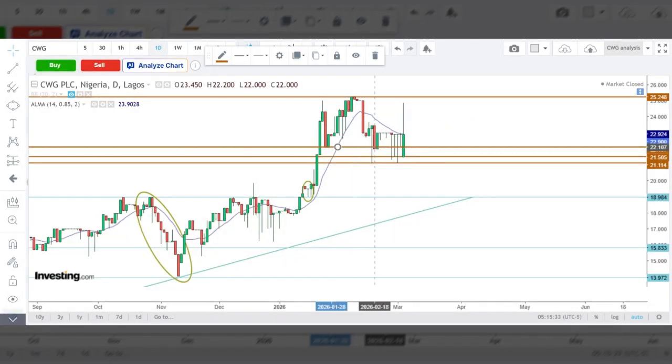Yeah, people bought here. That's why you see many people bought around here more than even these other areas. As the stock is going down, people are trying to buy it at a very good price so that when it goes up, they'll be able to benefit well.